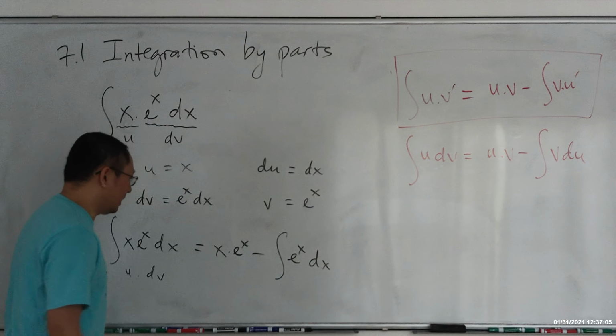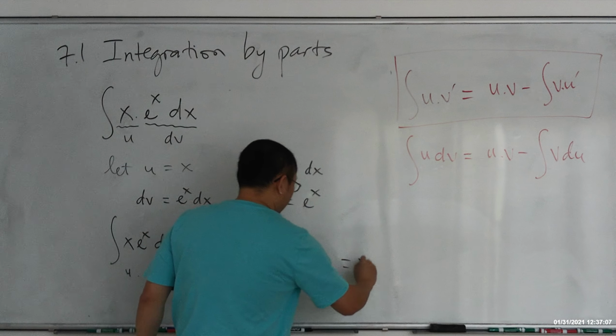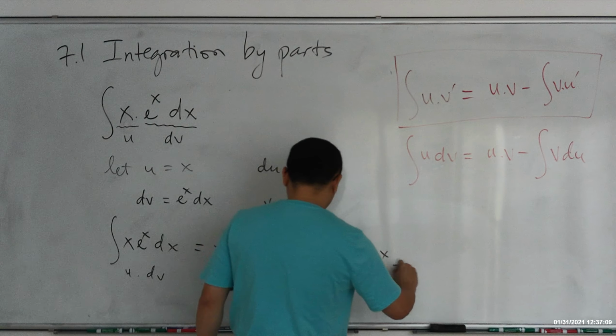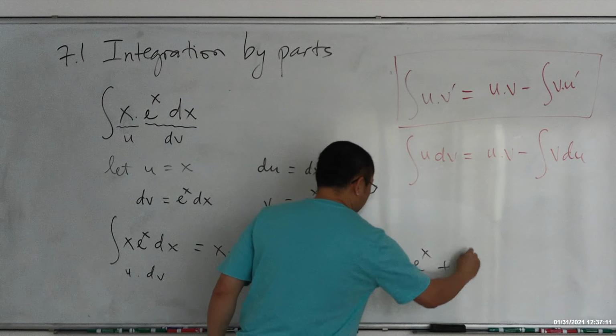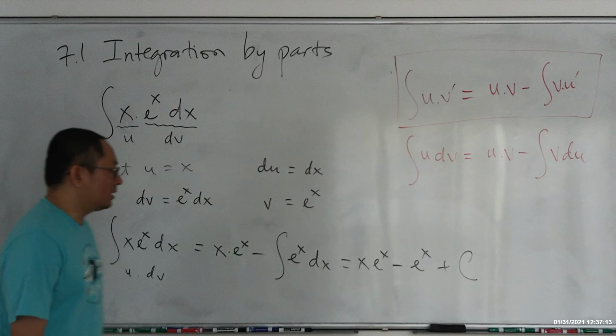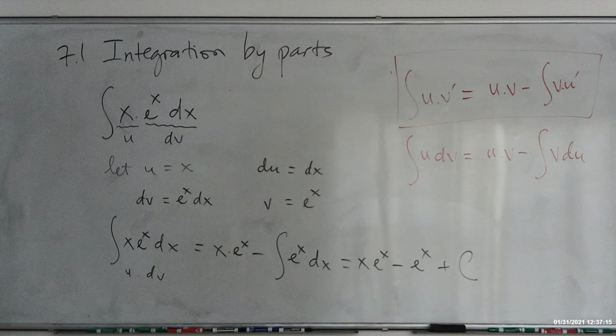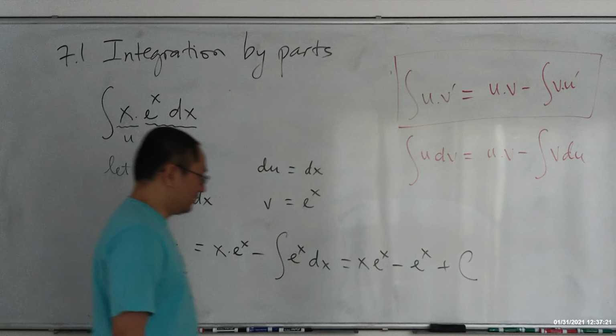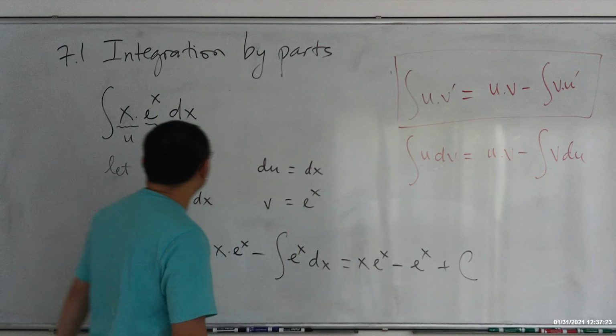You see? Now this is very solvable. x e to the x minus e to the x plus c, because integral of e to the x is just e to the x. So far, so good?